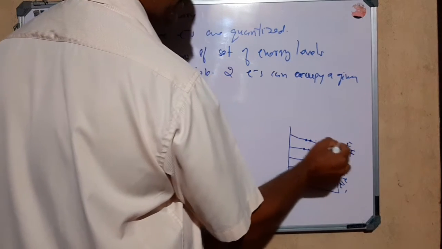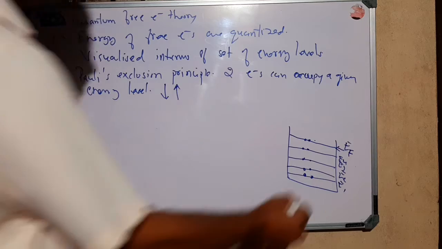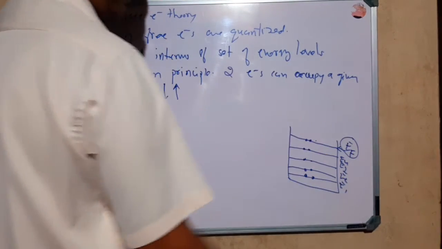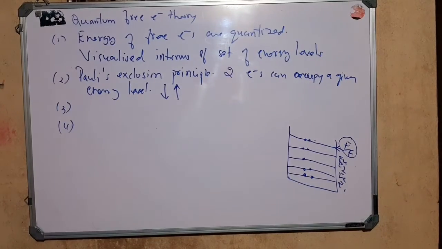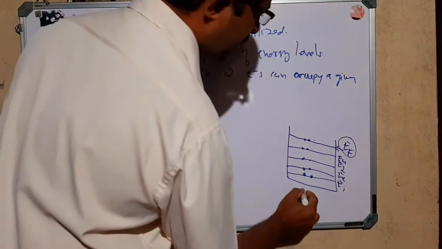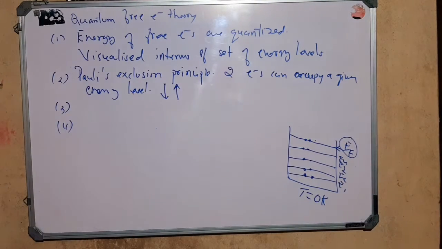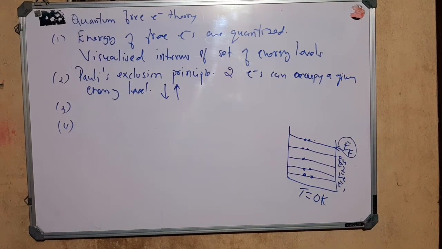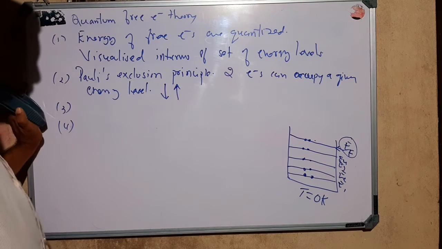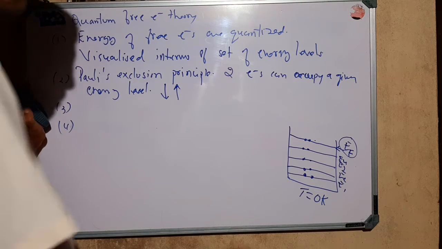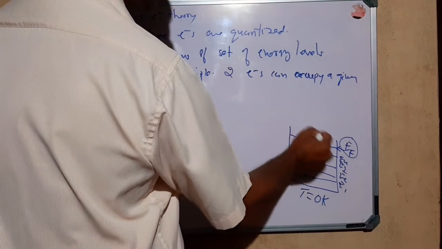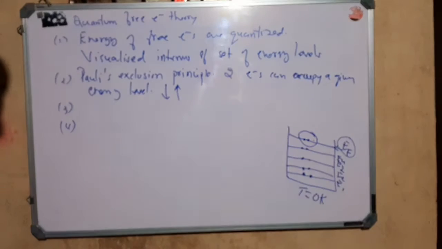The energy corresponding to the electrons present in the Fermi level is called the Fermi energy. This is the situation we are visualizing at 0 Kelvin. Therefore at T equal to 0 Kelvin, Fermi energy is the maximum kinetic energy possessed by the electrons.